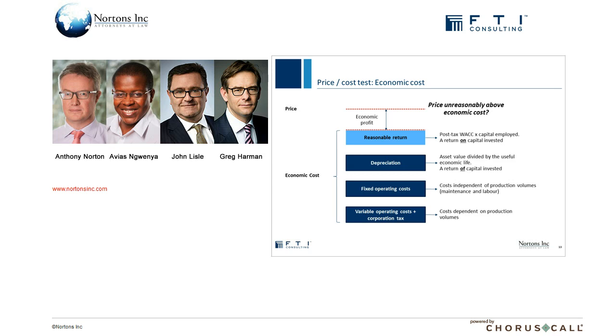The second is, I've just walked you through the calculation of return, depreciation. All of these things have complexity to them. There are measurement errors. So cost could be misstated for very good reasons. The third area is that there may be demand side factors that need to be taken into account.